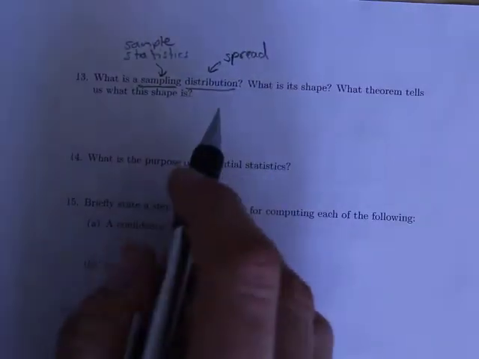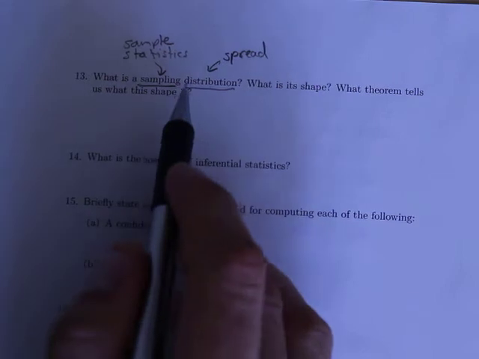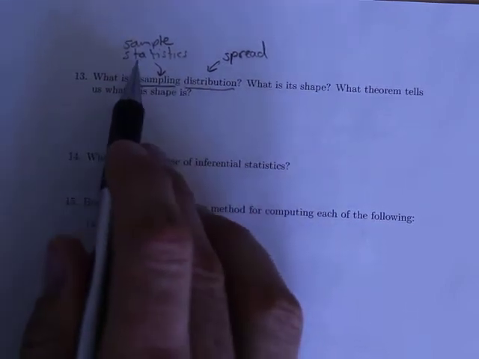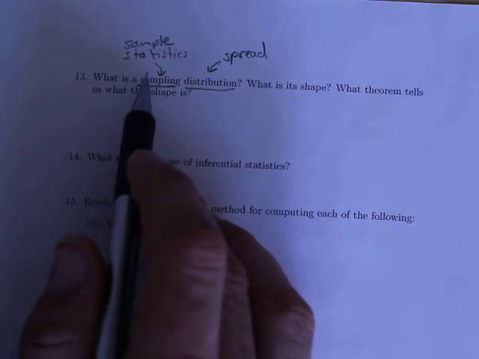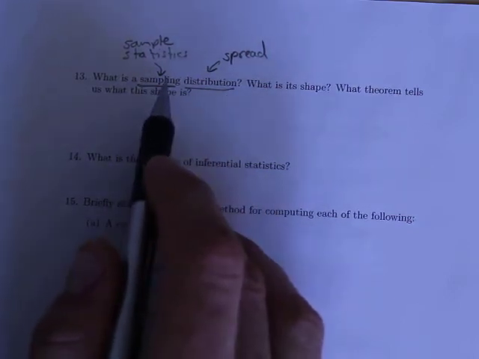So a sampling distribution is a distribution showing the distribution of sample statistics of a particular size, all sample statistics of a particular size sample.